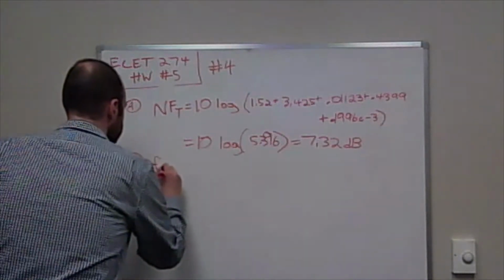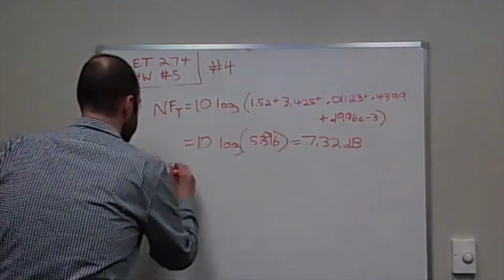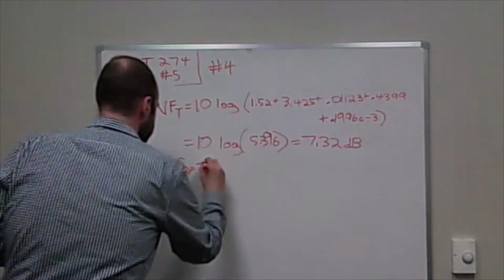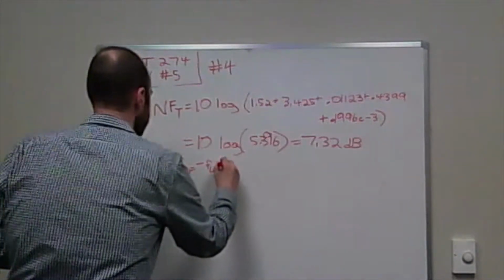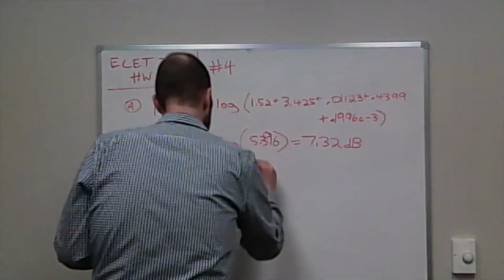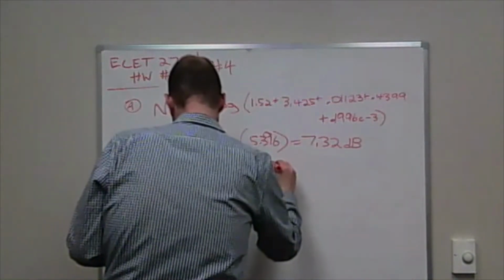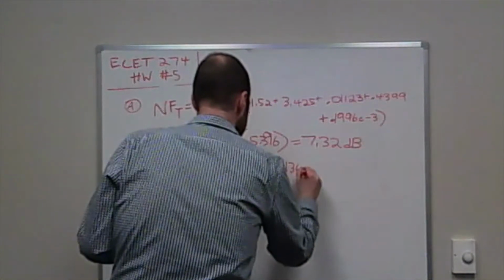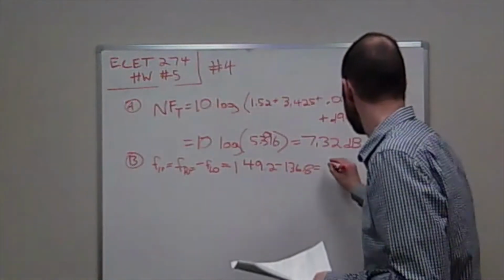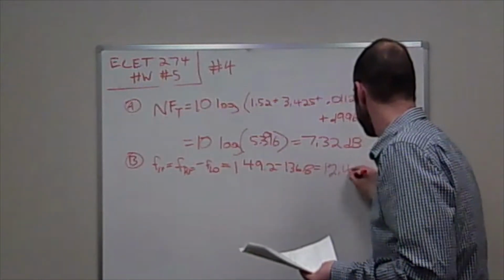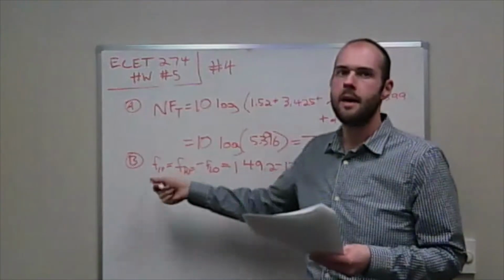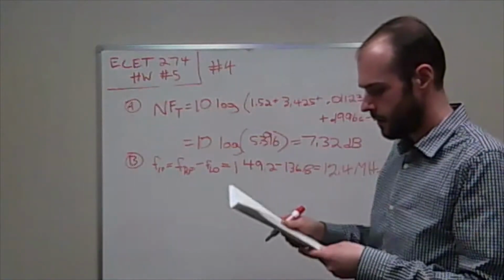So we know the intermediate frequency is equal to RF frequency minus frequency of the oscillator. Plugging in what we're given, there is 149.2 minus 136.8, or 12.4 megahertz as our IF frequency that we have.